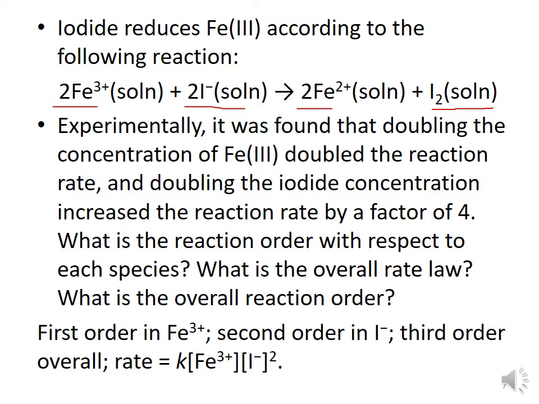Experimentally, it was found that doubling the concentration of ferric doubled the reaction rate, and doubling the iodide concentration increased the reaction rate by a factor of 4. Therefore, in this case, the order of the reaction with respect to ferric is first order, the order with respect to iodide is second order, and the overall order of the reaction is third order.